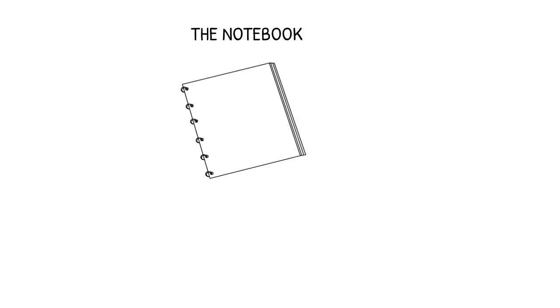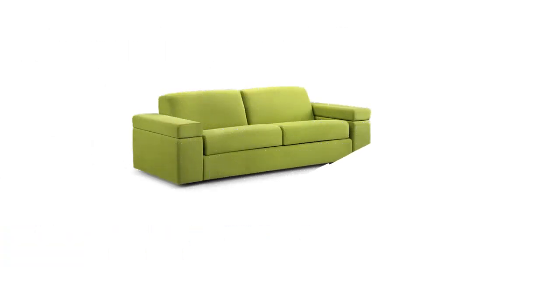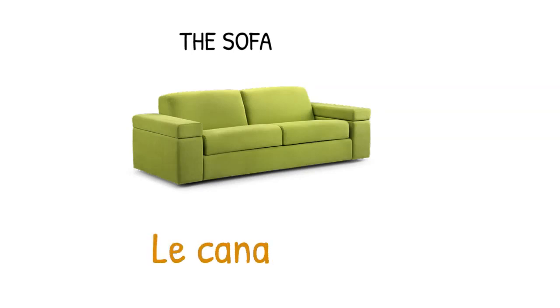Notebook. The notebook. Masculine. So le cahier. The notebook. Now here we have the sofa or couch. It's masculine, so we will use the masculine article, that is le canapé.